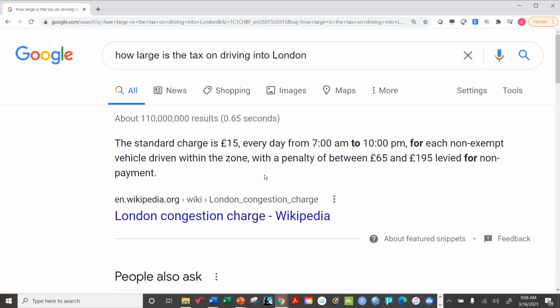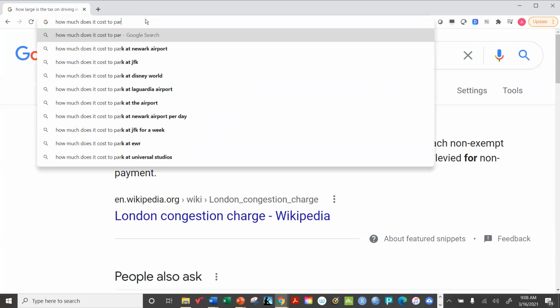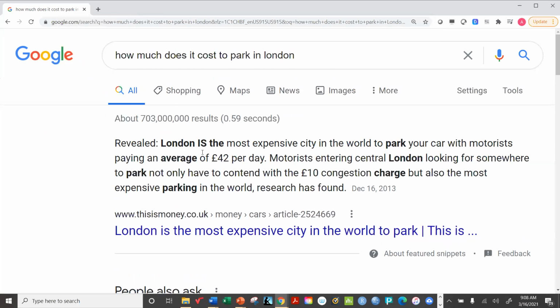And then on top of that, if you try to park your car somewhere, ooh, yes, 42 pounds. So you figure 15 pounds to drive into the city, 42 pounds per day.